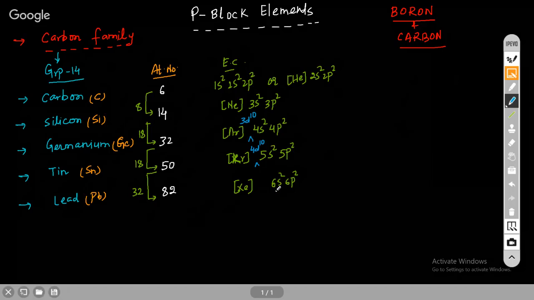Similarly, in lead, before this 6s, we have completely filled 4f orbital and 5d10 orbital. And we know that d and f orbitals show weak screening effect.